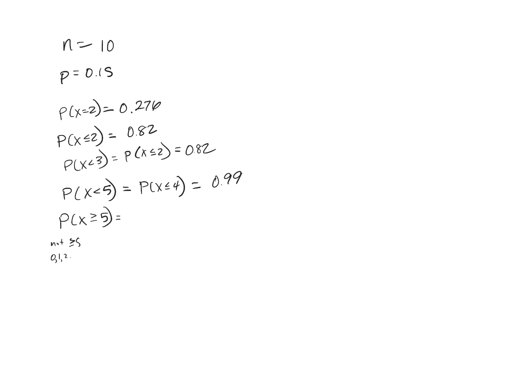Zero, 1, 2, 3, 4. So I'm going to do 1 minus the probability. Remember, if the CDF can only do less than or equal to, how do I describe these outcomes with a less than or equal to sign? We would say they're less than or equal to 4. So, knowing that I just calculated that, it would in fact be 0.01. VC had it right.